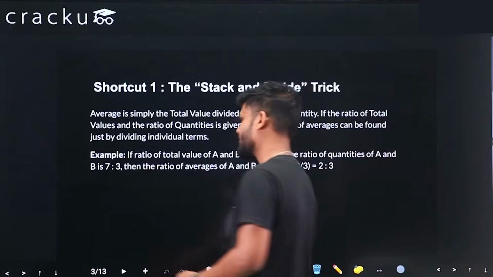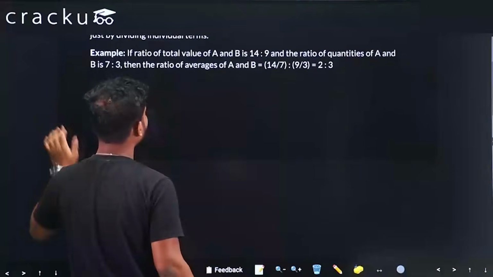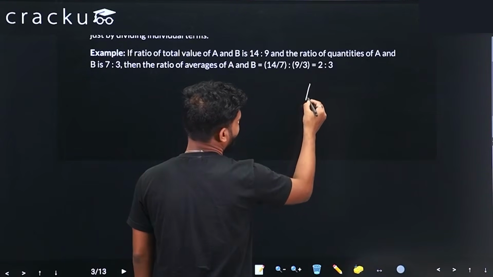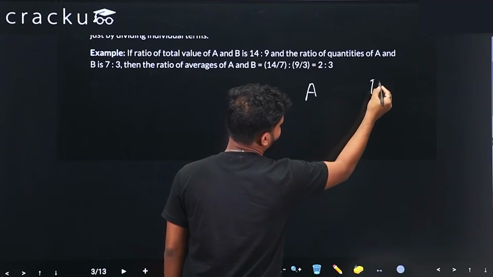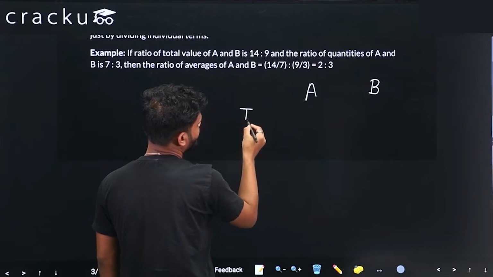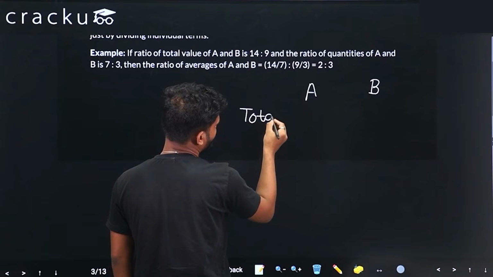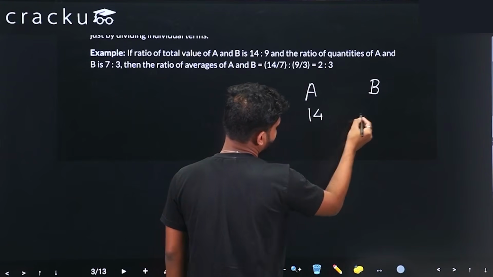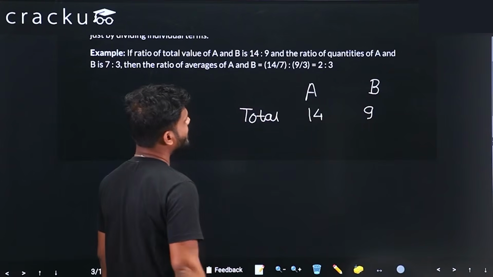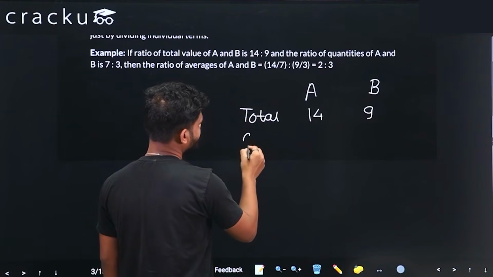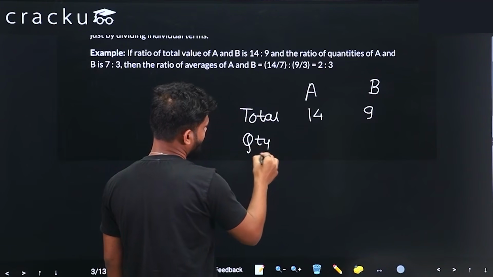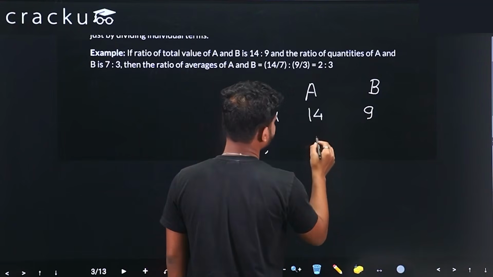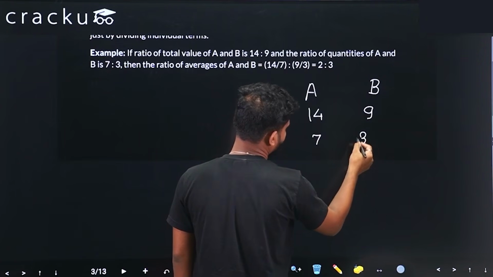For example, A and B are there, and the totals of A and B are in the ratio 14:9. Also, the quantities of A and B are in the ratio 7:3.